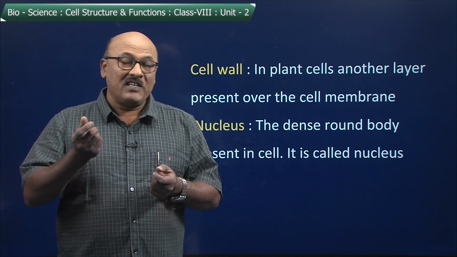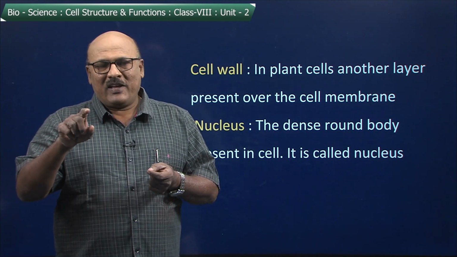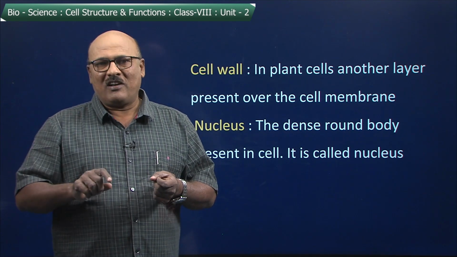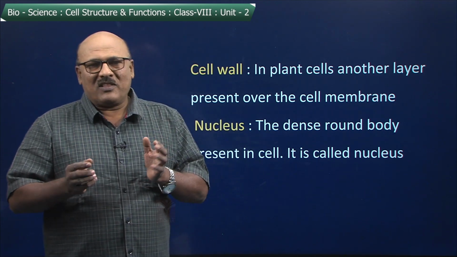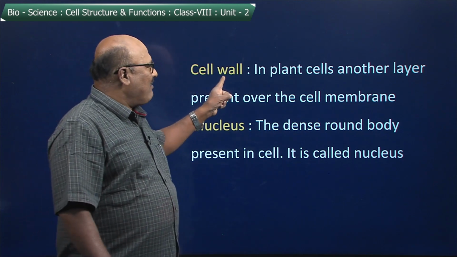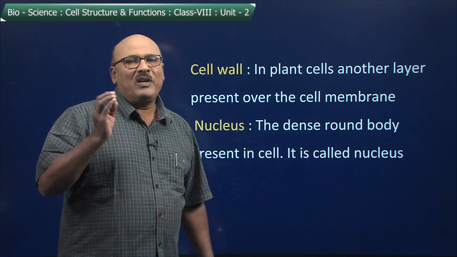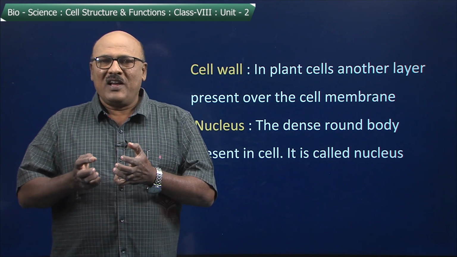Just think, why is it thick? Because it covers the plasma membrane. The outermost layer is the cell wall. That's why we observe a thick layer outside the cell. This cell wall is present only in plant cells. It gives rigidity and toughness to the cells.